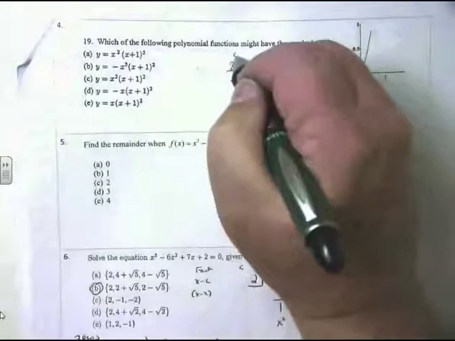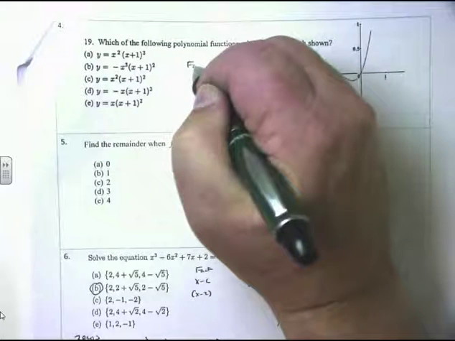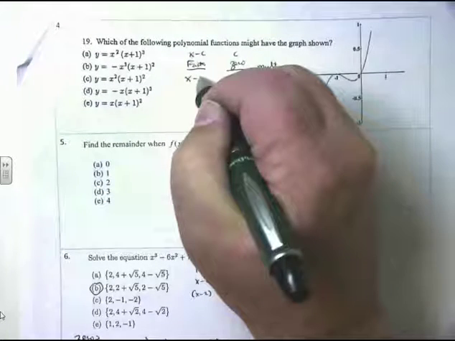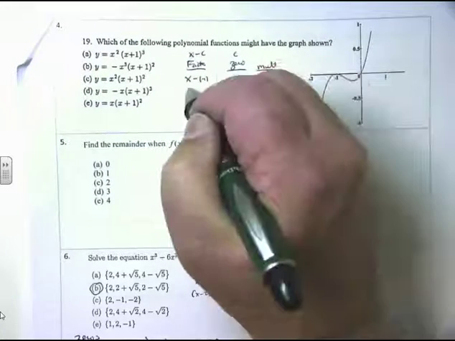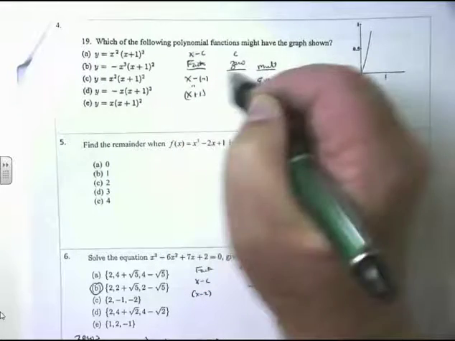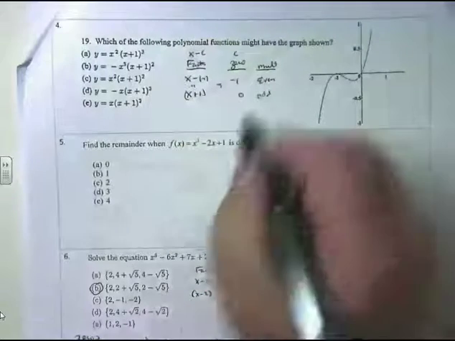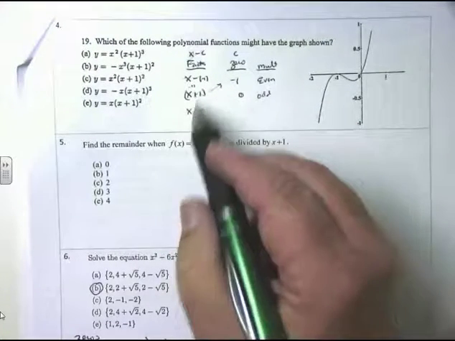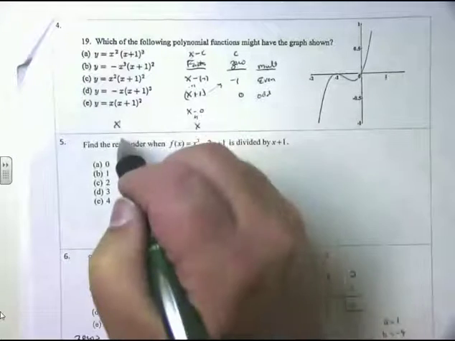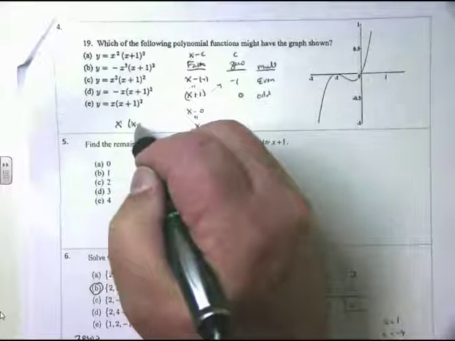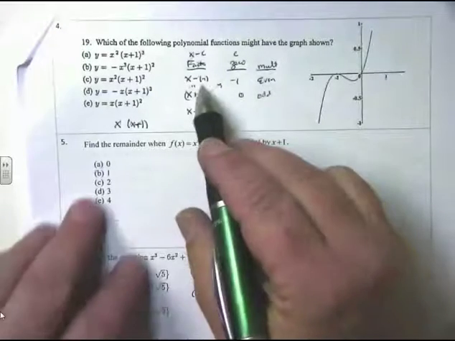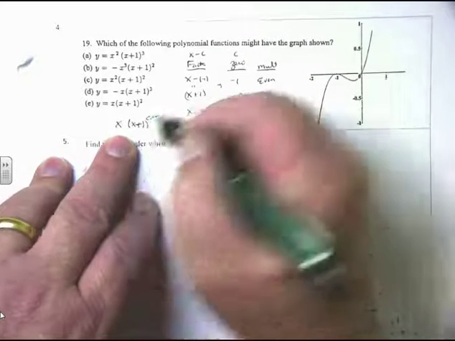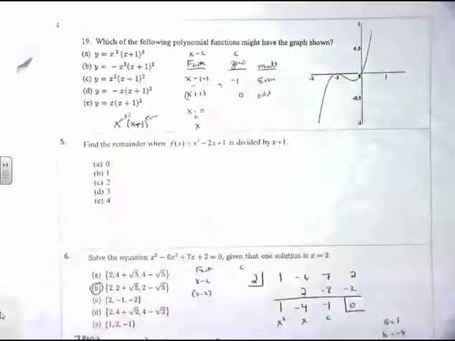Also, if C is the zero, the factor is x minus C. So the factor would be x minus negative 1, which makes it x plus 1 the factor for the negative 1, and for 0 it would be x minus 0, or just plain old x. So I've got a factor of x, and I've got a factor of x plus 1. Now the factor x plus 1 has to have an even power. The x has to have an odd power.